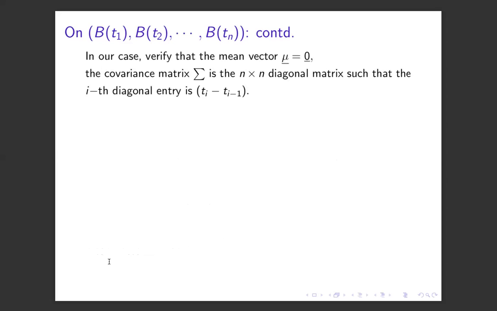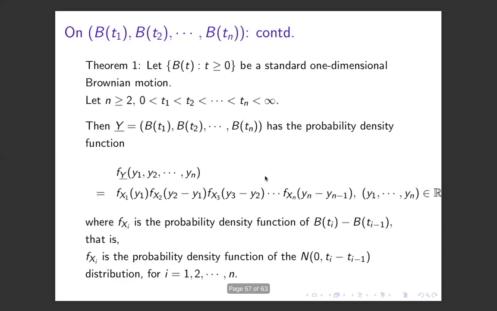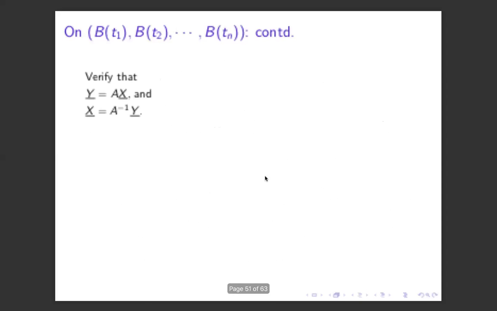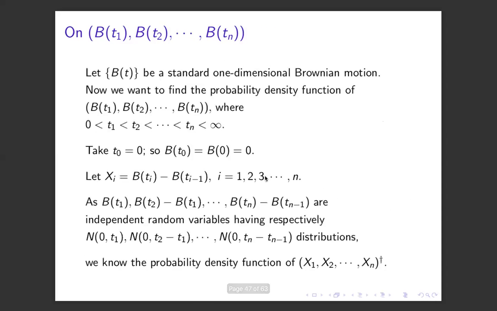So in our case, you can easily see that mu bar is the 0 vector. Now coming to the covariance matrix. The distribution of x1, x2, ..., xn has the product of these densities. Since the xi's are independent, the covariance is 0.